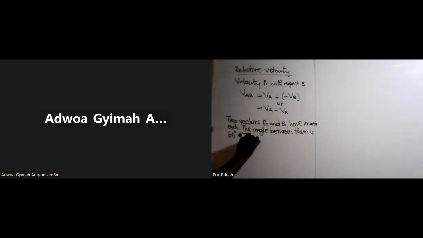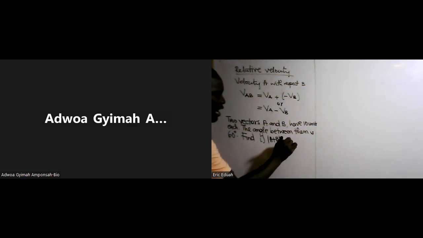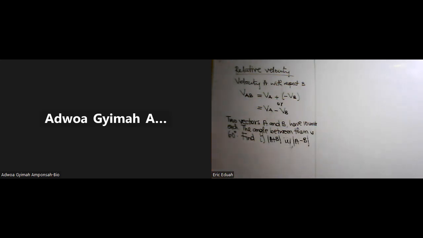Find (i) the magnitude of A plus B, and (ii) the magnitude of A minus B. You can easily solve for (i), A plus B. So start with that, then I'll see how you apply A minus B. So you have to look for the magnitude of A plus B.